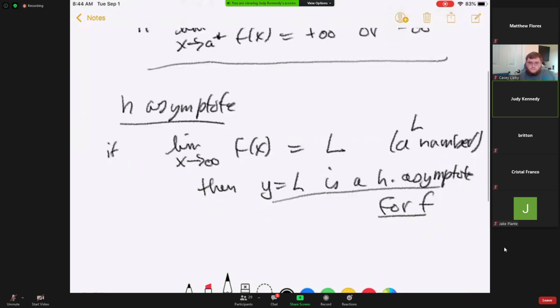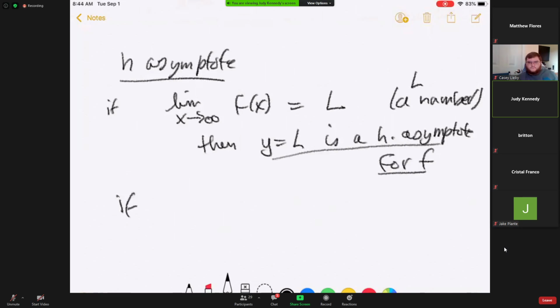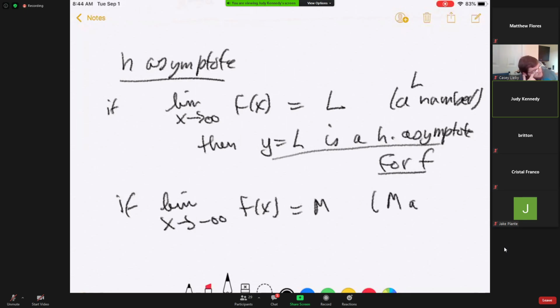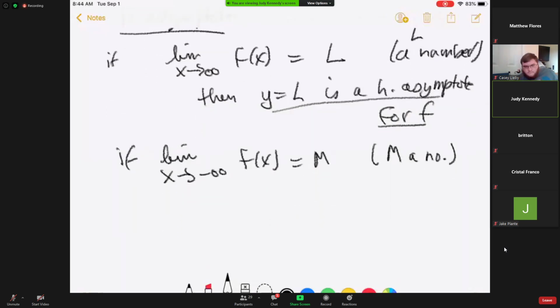And if the limit as x approaches minus infinity of f is M, again, M is a number, then y equal to M is a horizontal asymptote.